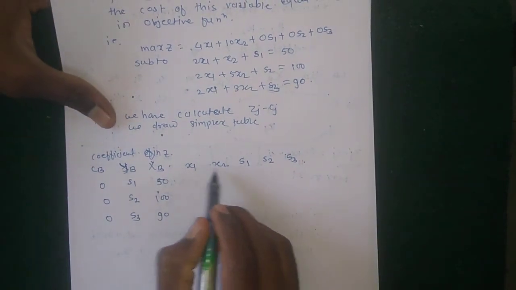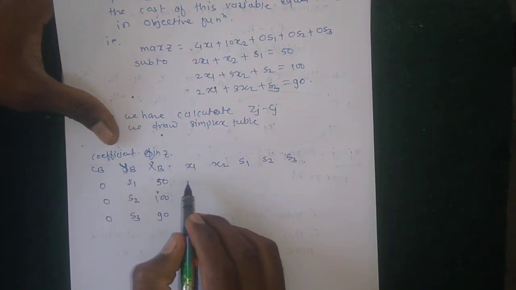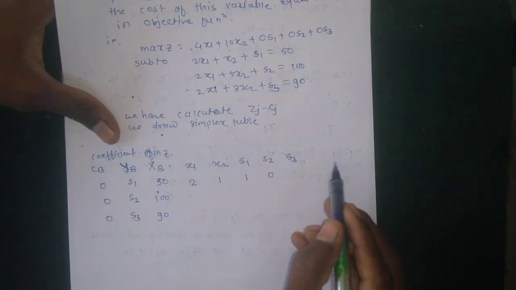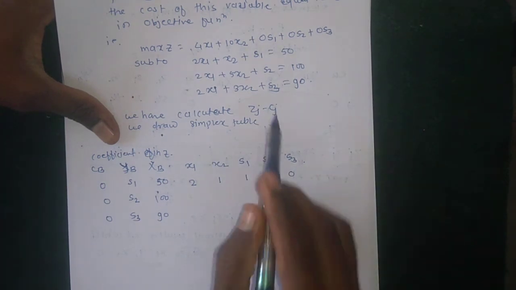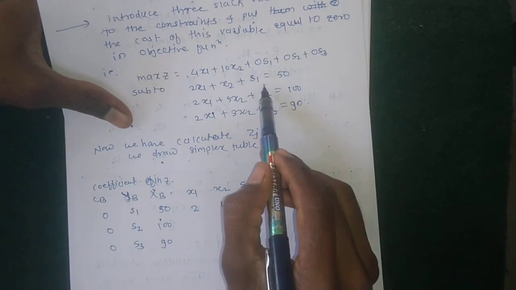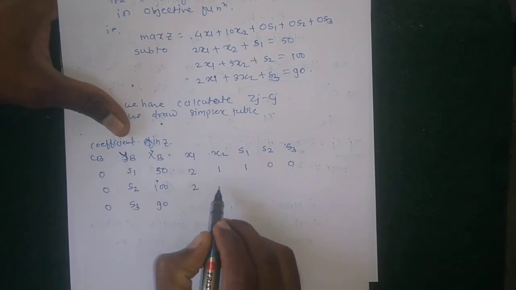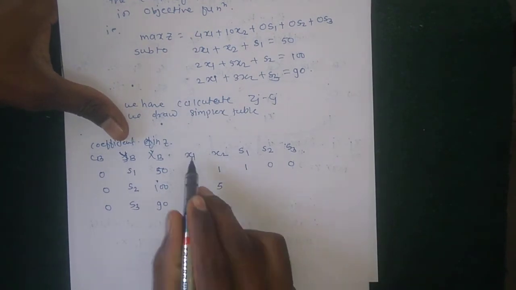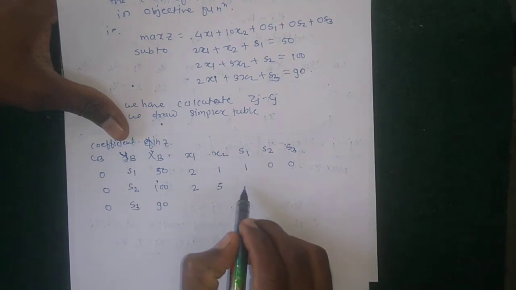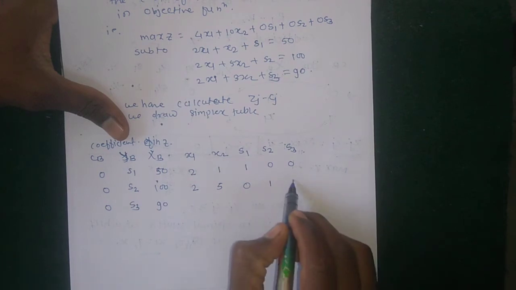The coefficients of x1, x2, s1, s2, s3 in the first constraint are 2, 1, 1, then s2 has 0 and s3 is 0. Similarly, for the second constraint, the coefficient of x1 is 2, of x2 is 5, of s1 is 0, of s2 is 1 and then 0.